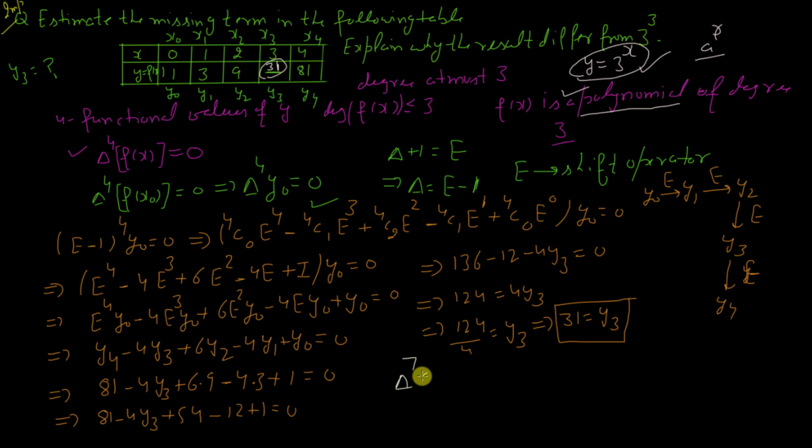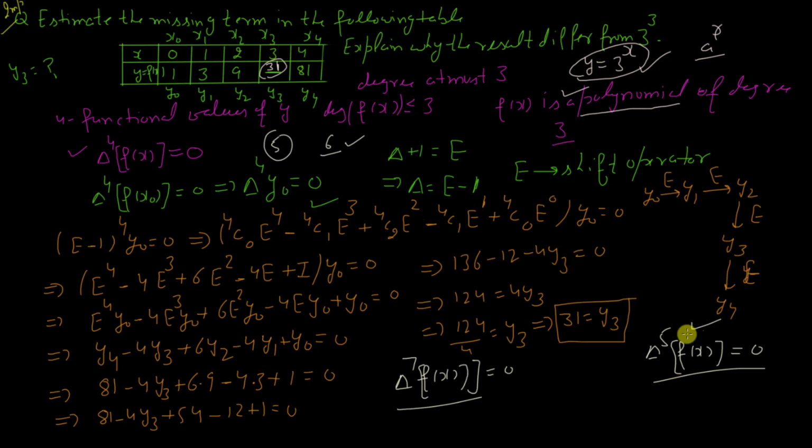So in that case we will be using the 7th forward difference operator equal to 0. And if we are given 6 functional values, in that case it can be a polynomial of degree at most 5. So in that case the 5th order forward difference would kill the polynomial of degree 5, and the rest of the result will remain the same.